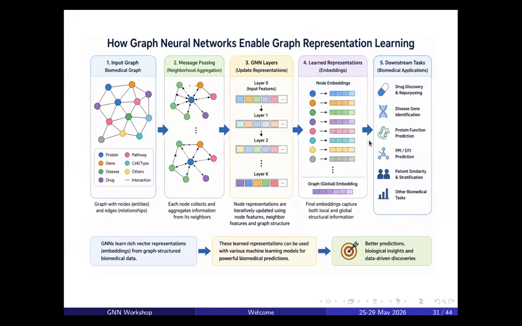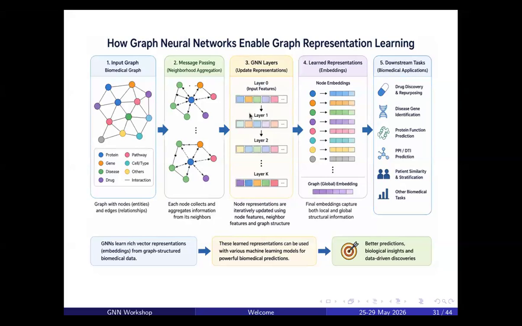So graph representation learning means that from the graph, we want to get these kinds of embeddings which can be used for downstream tasks. This is in short what graph representation learning means and what a graph neural network can do.